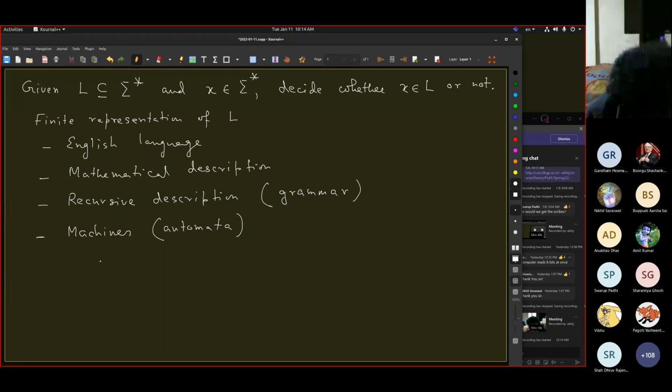But before that, I want to highlight that this description of a language has to be finite. Okay. I cannot simply feed an infinite description to a machine. Okay. So I am talking about sigma as the alphabet of input strings, but this description also has an alphabet.